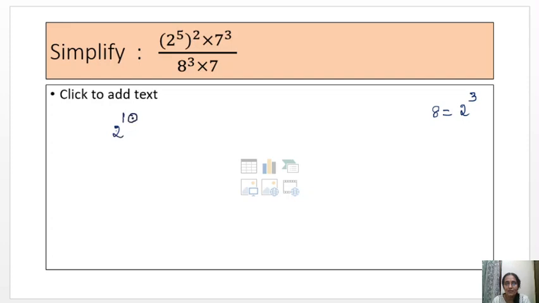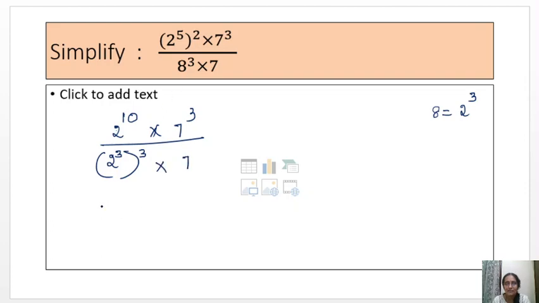We will rewrite the question. 2 to the power, it is 5 into 2 is 10, into 7 power 3. Now we will write the denominator: first we will write 8 as 2 to the power 3. Next, as it is 8 power 3, only 2 power 3 we have written to represent 8, the whole power 3 we have to write once again.